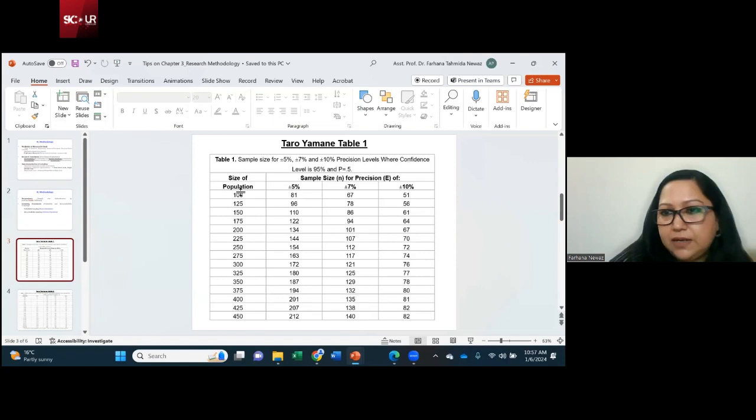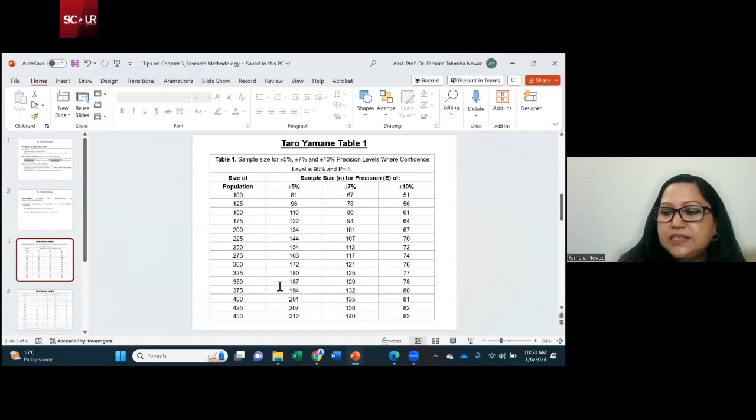If you are doing research on your company and only 100 employees are there, you can say that with a 5% interval you want to be 95% confident that if you use 81 respondents, the values will fall within plus minus that interval.